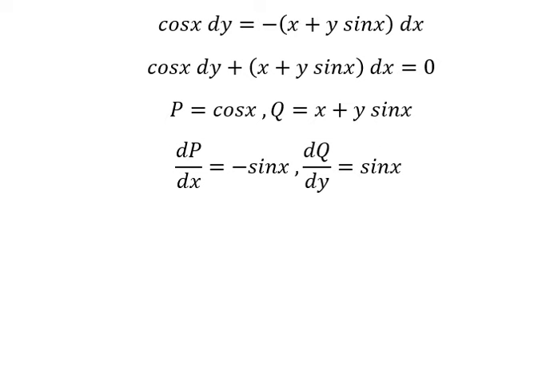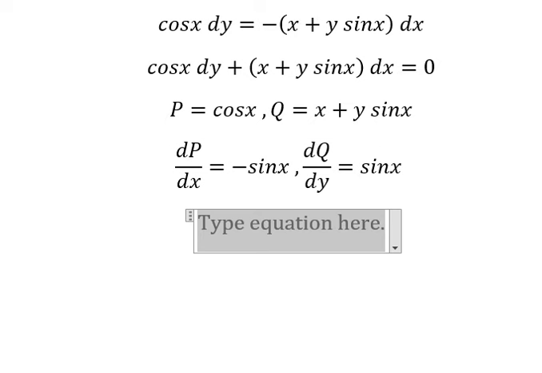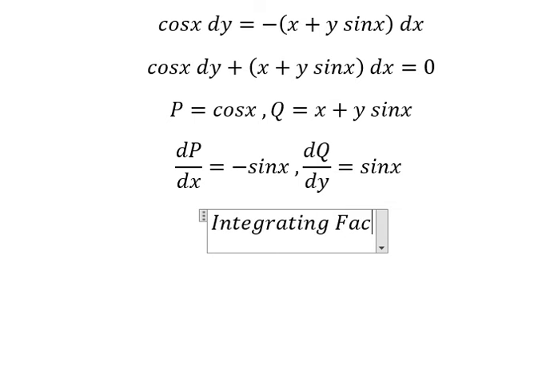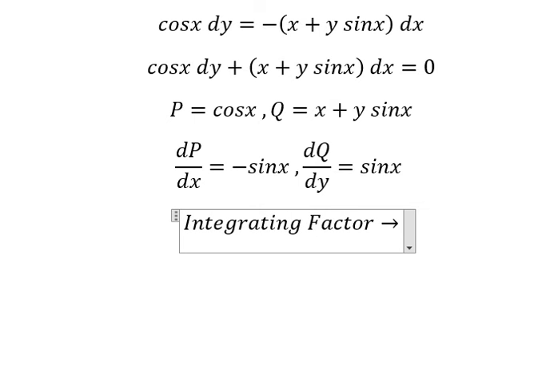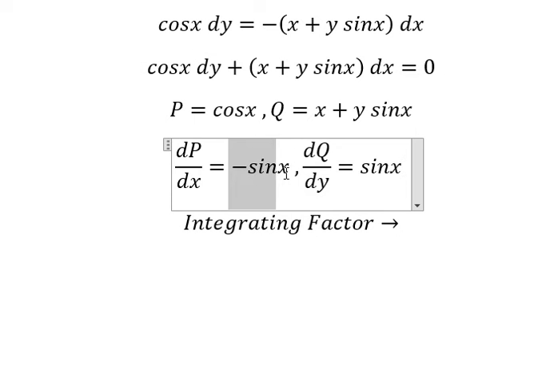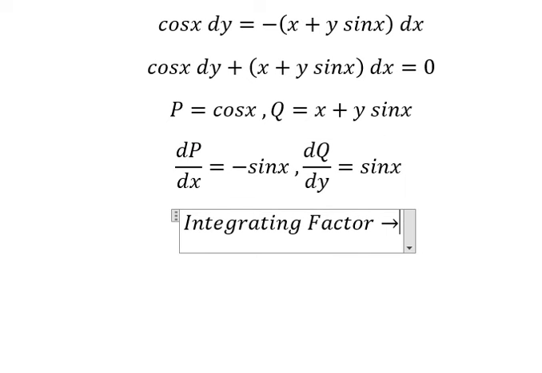Now we need to use about integrating factor. So we see that we have cosine x, negative sine x, positive sine x. So in this situation, I will choose about mu x in here.